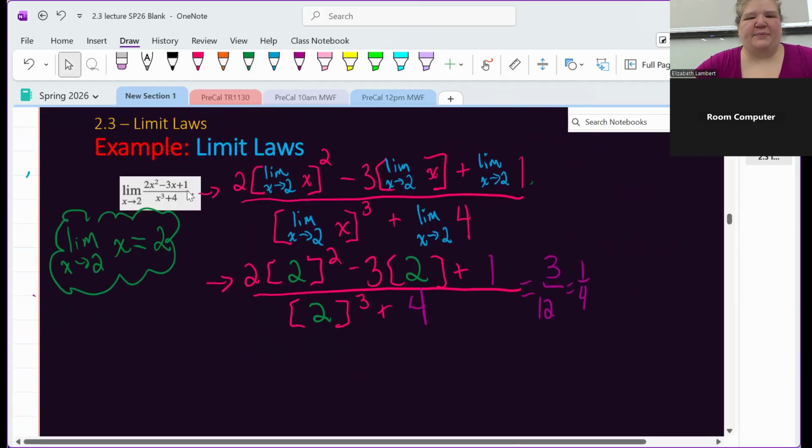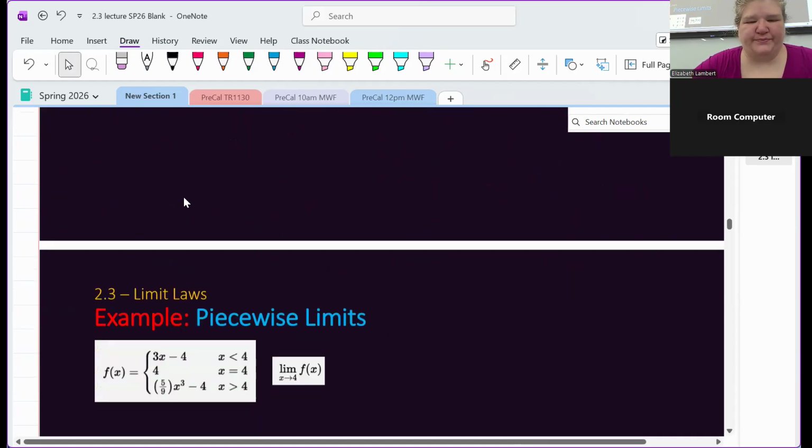So especially when the top and the bottom are just polynomials, just the normal kind of functions we spent a lot of time studying before pre-calculus, we just plug in the numbers, we're good to go.